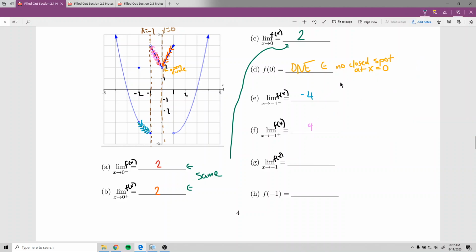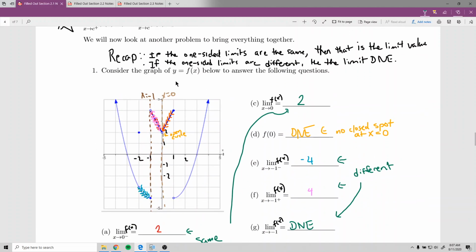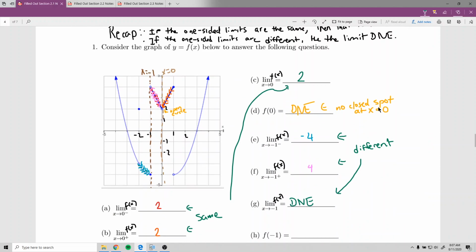And the thing you want to notice about these is these one-sided limits are different. And what that means is that the limit itself does not exist. And once again, that's what this theorem says. If the one-sided limits are different, then the limit does not exist.